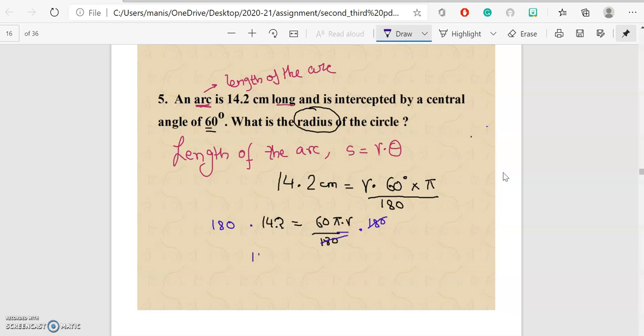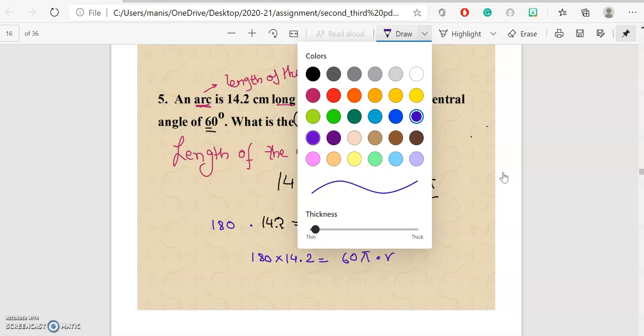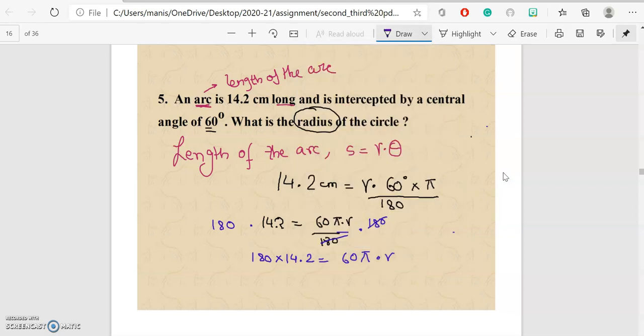So I will be left with 180 times 14.2 is equal to 60 pi times R. Since I have to find the value of R, I will divide both sides by 60 pi. This will be cancelled out.